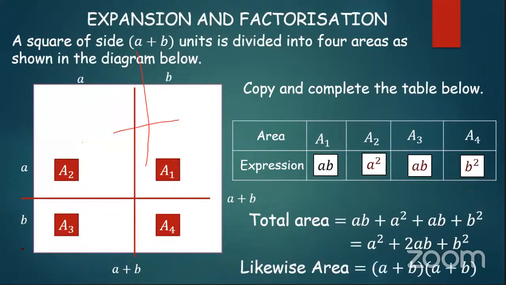So likewise we would say area is equal to side times side, that would give us a plus b times a plus b. So that is what we would have here, a plus b into a plus b.